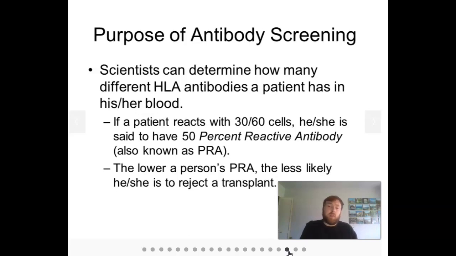So if a patient reacts with 30 out of 60 of them, they have 50% of the antibodies possible, and therefore we say that they have a 50% reactive antibody or 50% PRA. The lower the person's PRA is, the less likely he or she is to reject a transplant because, of course, they don't have as many HLAs that are responding to the 60 individuals that we know. So if there's no reaction, then that means that it's okay for us to put that organ in that body.